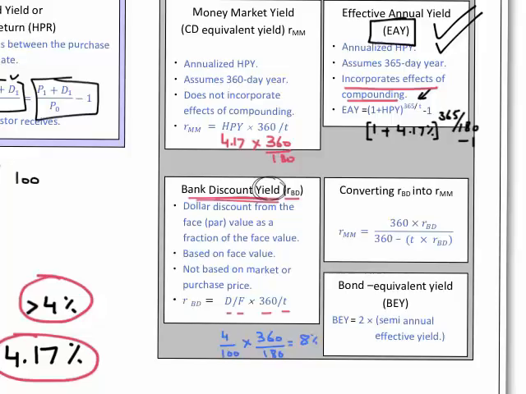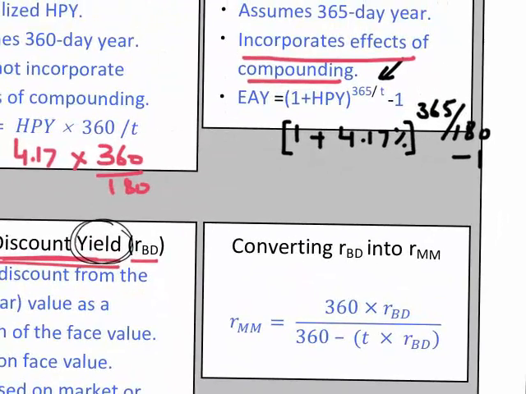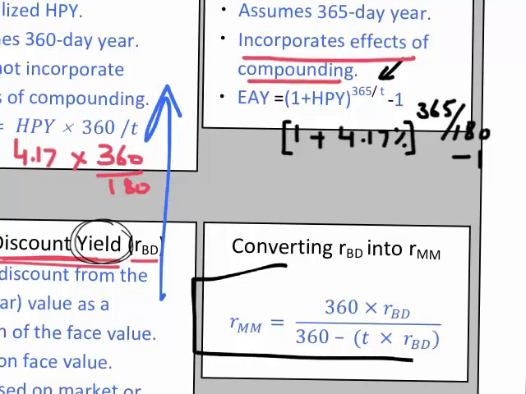You have some more formulae. If you want to convert this into this, you can use a formula. This section is going to be tested numerically. You'll be given information and you'll have to calculate one or the other. It's a formula to convert one into the other. The significance, the logic is beyond, we do not need to worry about that.